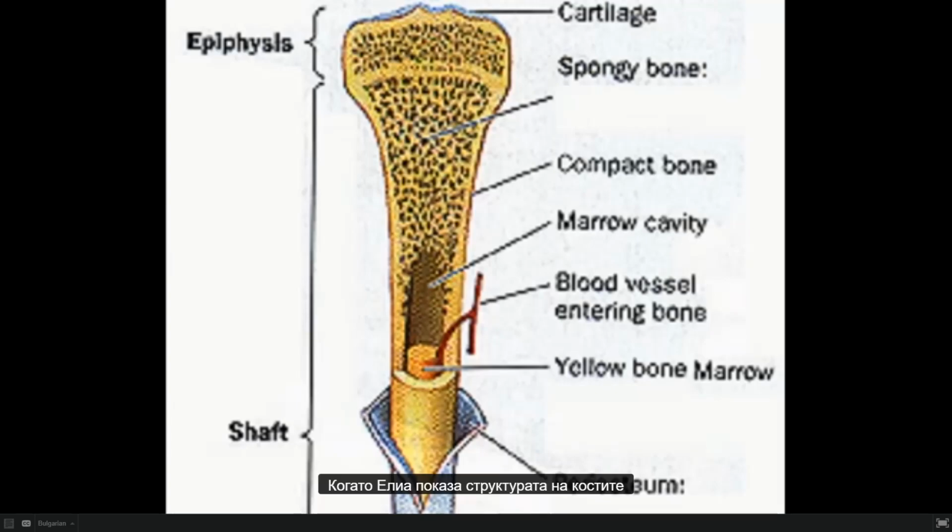When Elia shows the structure of the bone with all these soft bones and curvature bones and holes and different strands inside the bone, there is a reason for every single one of these strands. There is a reason for every one of the cavities in a sponge. They are not random.